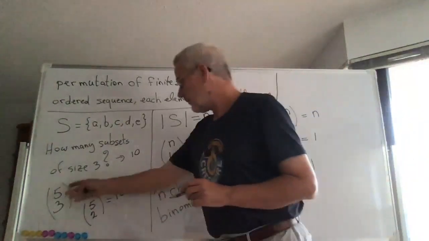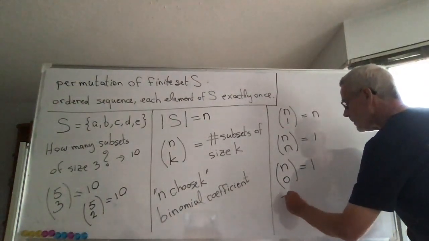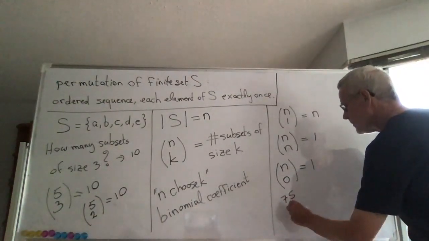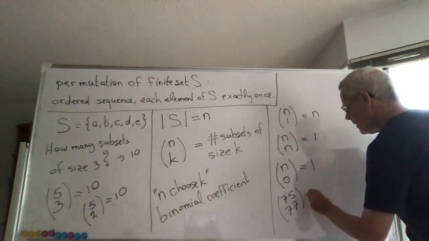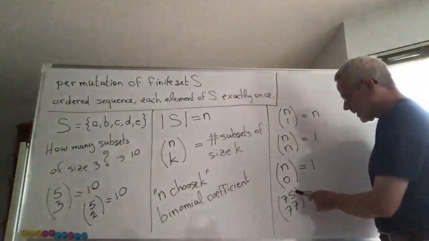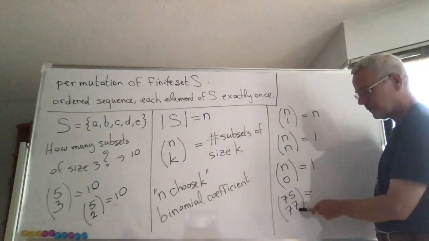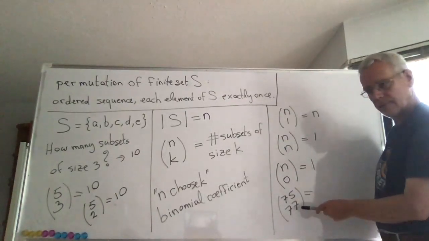So here we have 5 choose 3. So what is 75 choose 77? What would this be? We have a set of size 75, and we want to choose a subset of size 77.